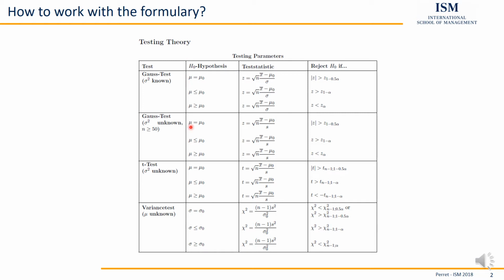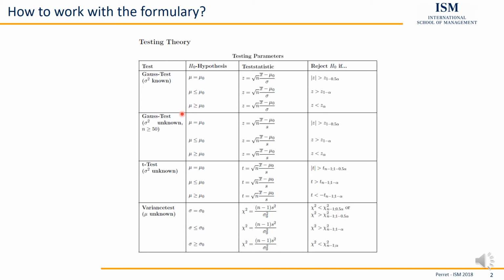And for all of these versions, especially regarding the first three parts, first off, we need to decide which version we use. The main difference, do we know anything about the variance or the standard deviation? If we know the variance or standard deviation, we can use the Gauss test as in the first version here.